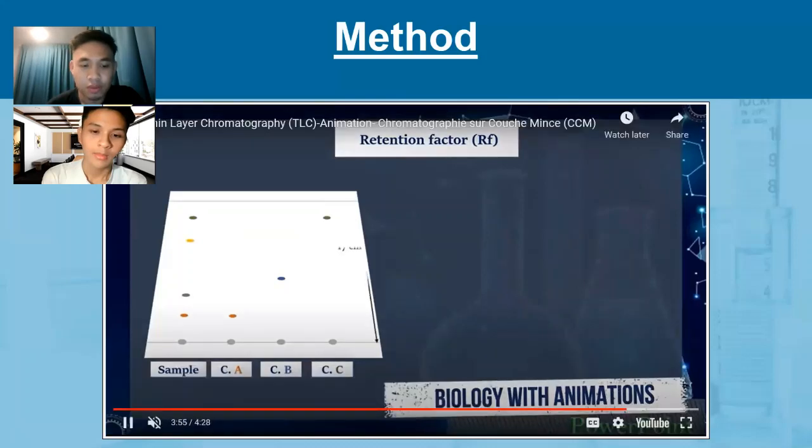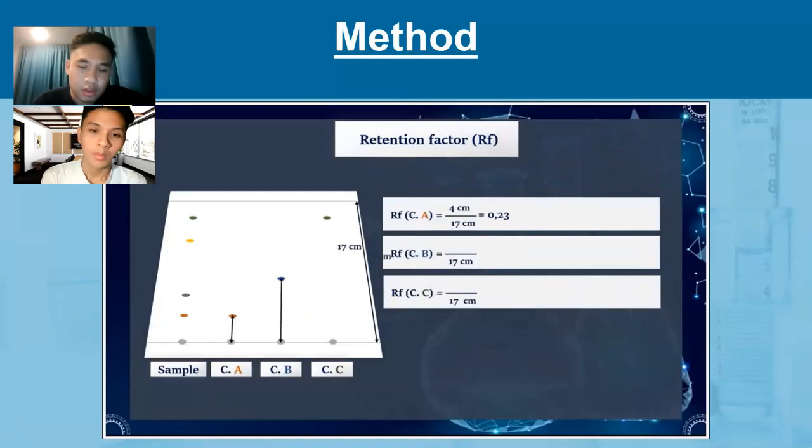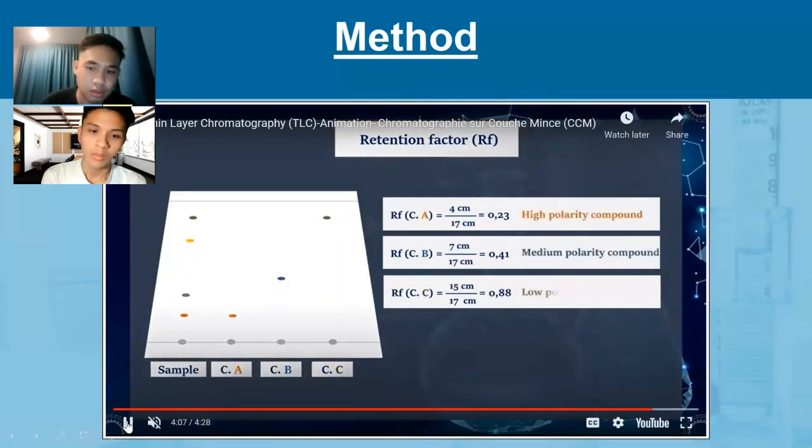Okay, we have the sample. We have compound A, B, and C. As you can see here, they have different retention factors. Compound A is a high polarity compound.